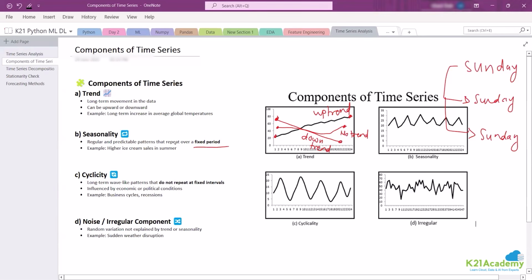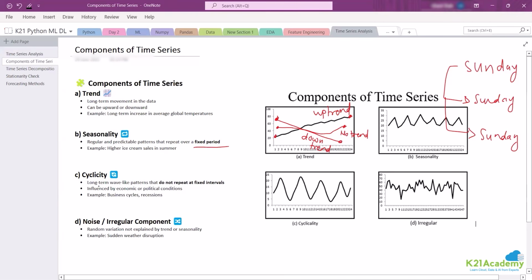And in the winter we have higher sales of umbrellas. It follows the same pattern, and that pattern is repeated over a fixed period. So that is called seasonality.